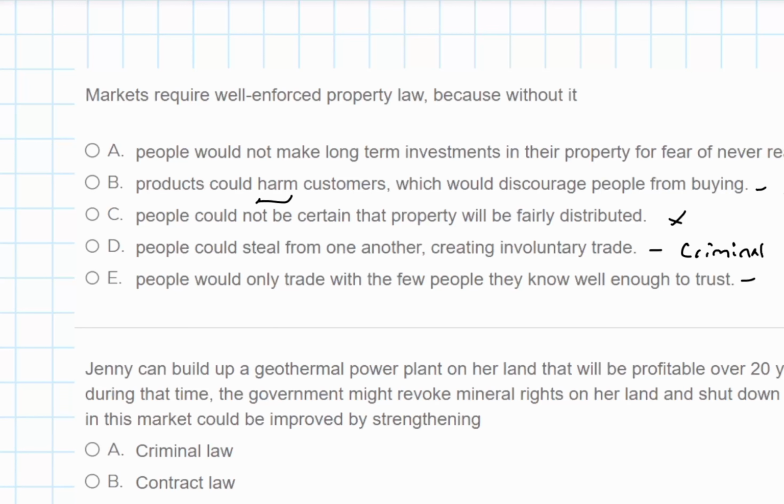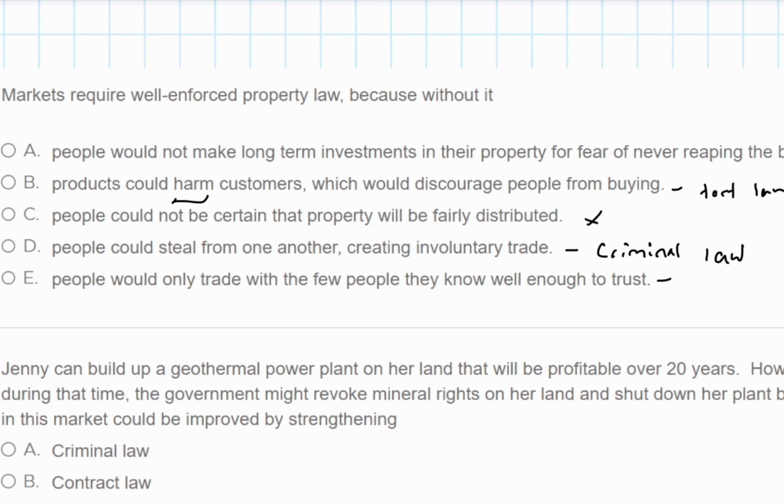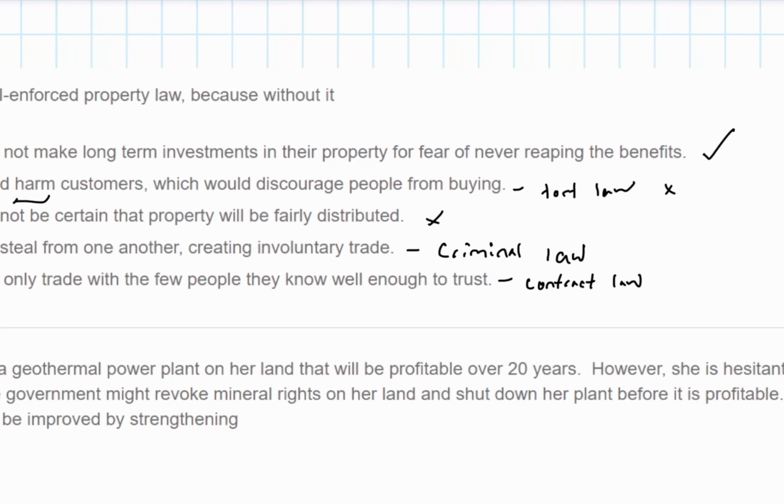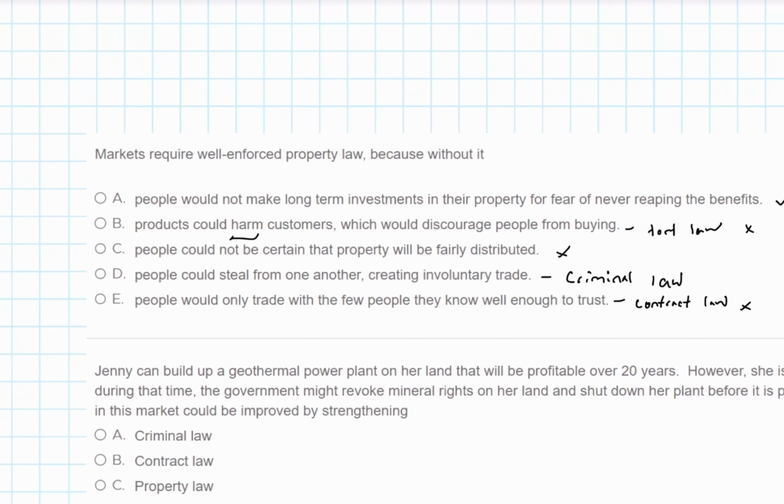If we do know each other, then obviously we don't really need a contract, because I trust you, you trust me, we have that rapport already. So without contract law, people would only trade with a few people they know. So this is contract law. Okay. And hopefully you can see that. So as such, A would be the answer.